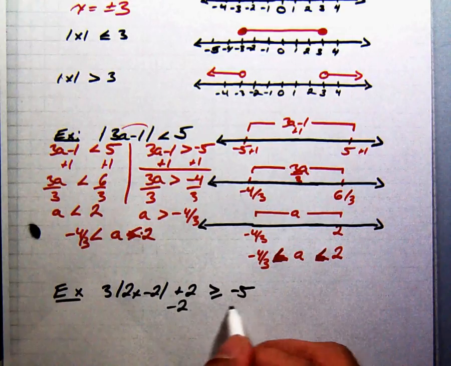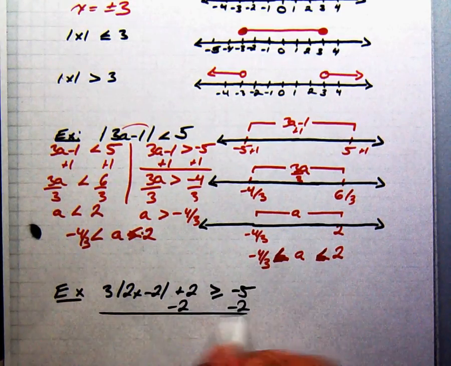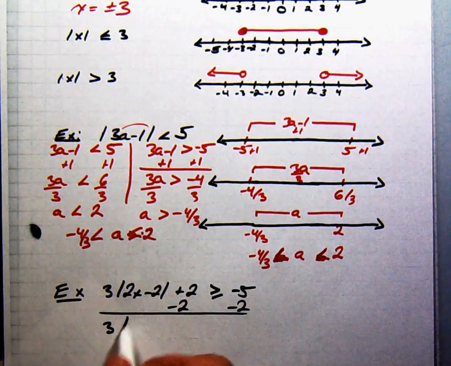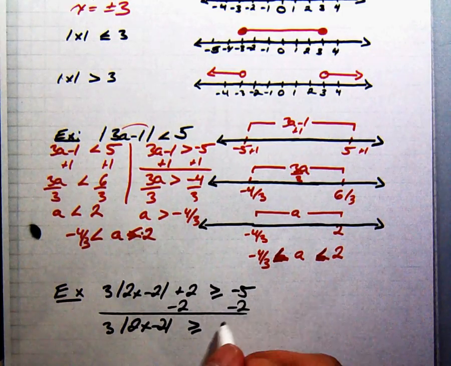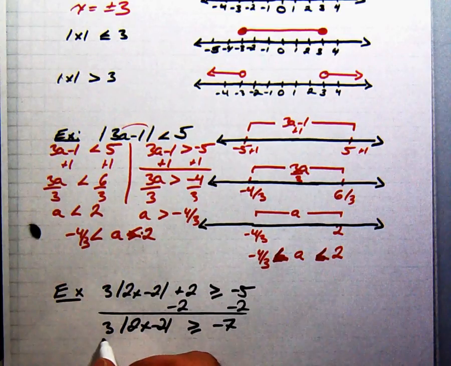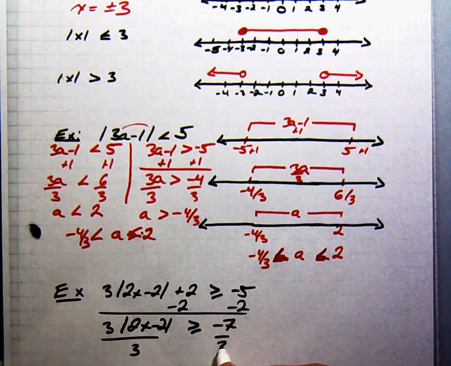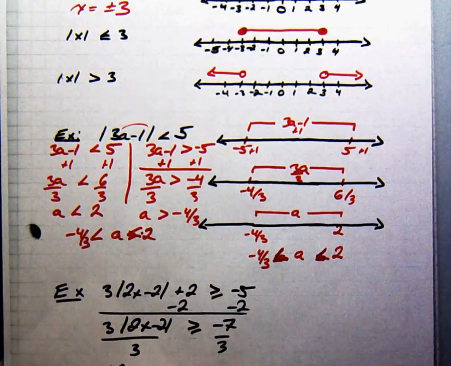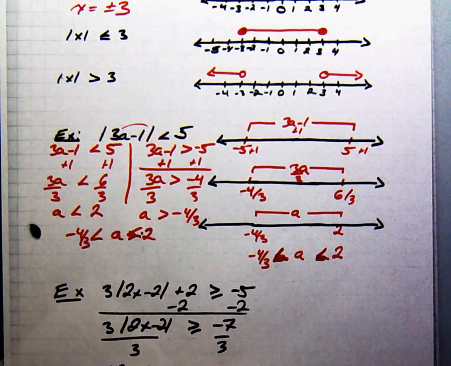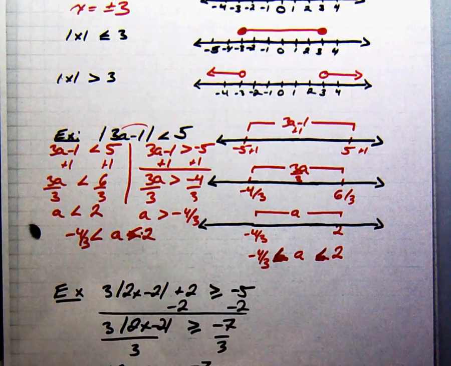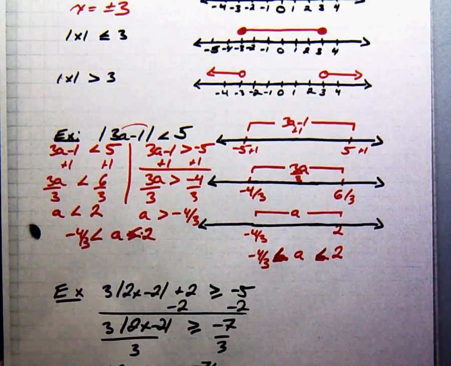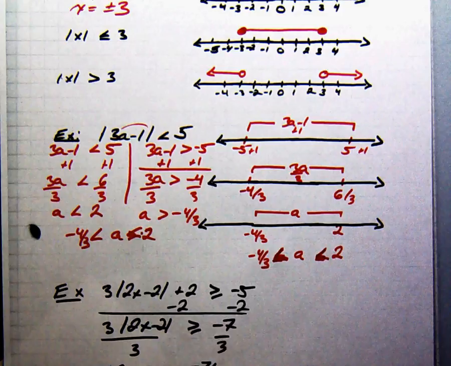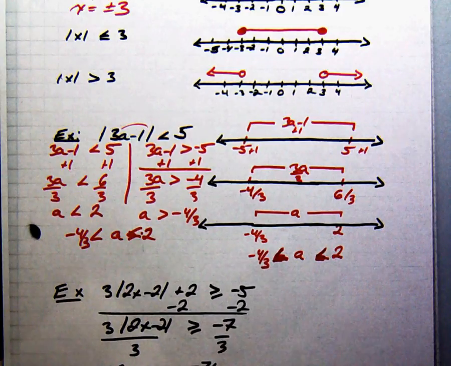Let's go ahead and subtract 2 from both sides, and we're left with 3 times the absolute value of 2x minus 2 is greater than or equal to negative 7. And then divide by 3, and we have the absolute value of 2x minus 2 is greater than or equal to negative 7/3. Now, stop here because you don't have to do any more. Remember, absolute value is a distance, and we're talking about a distance from 0.